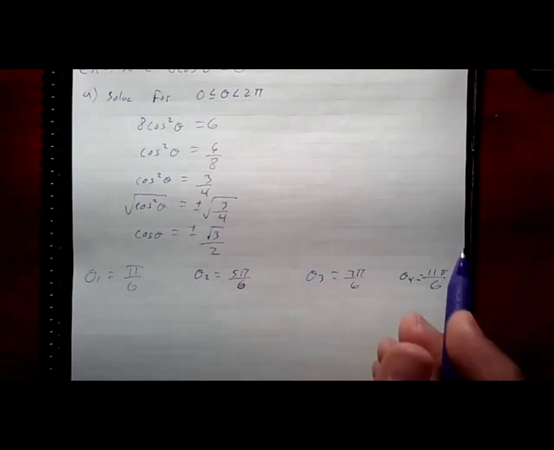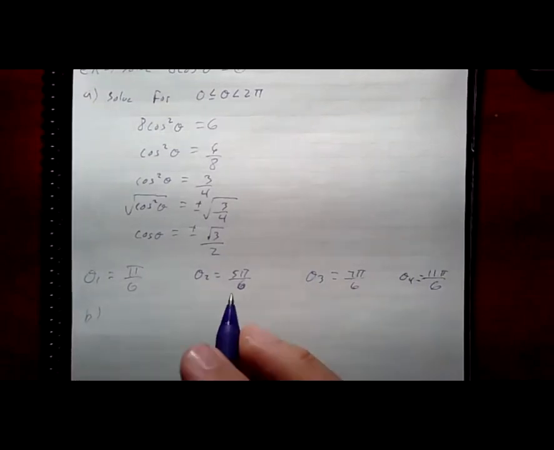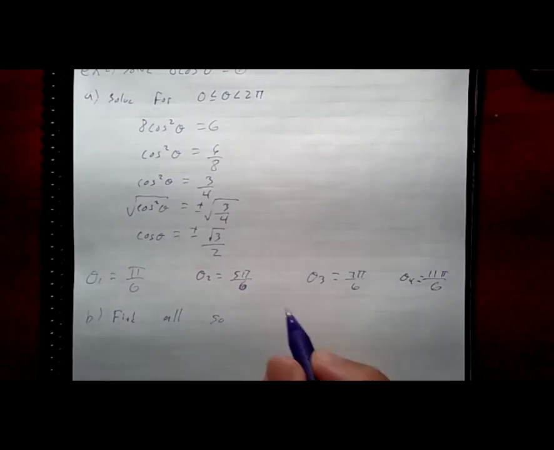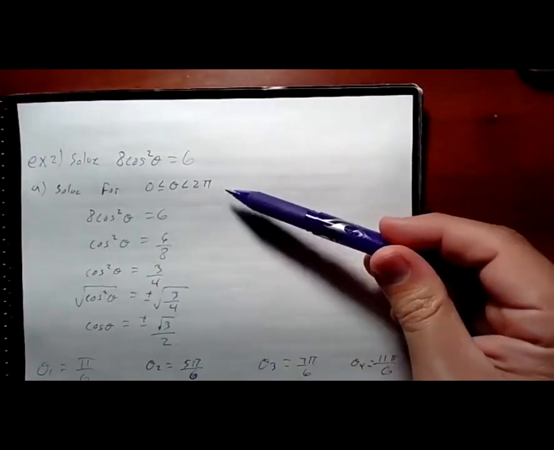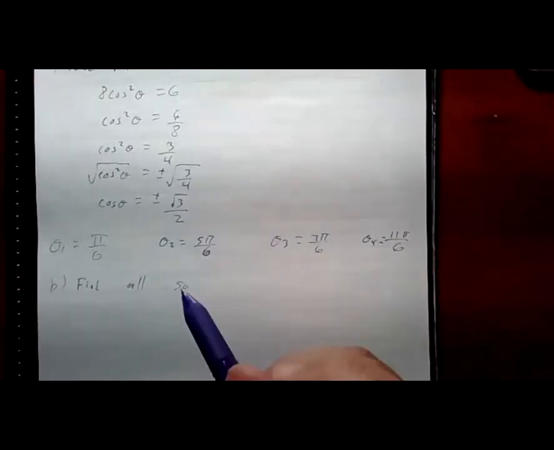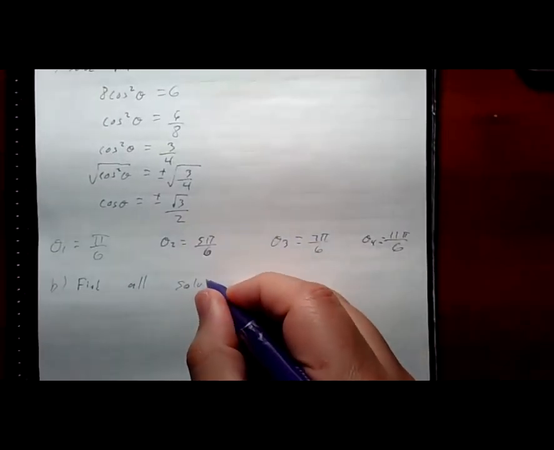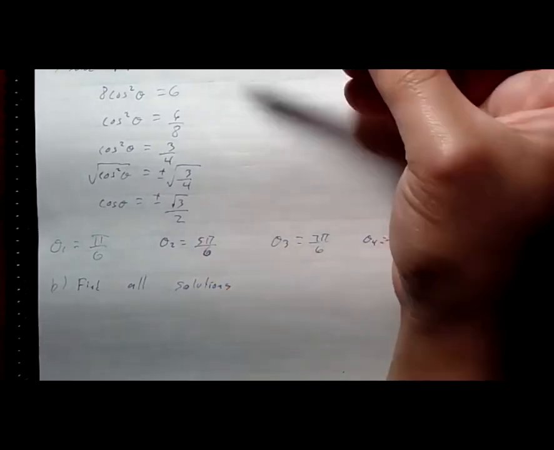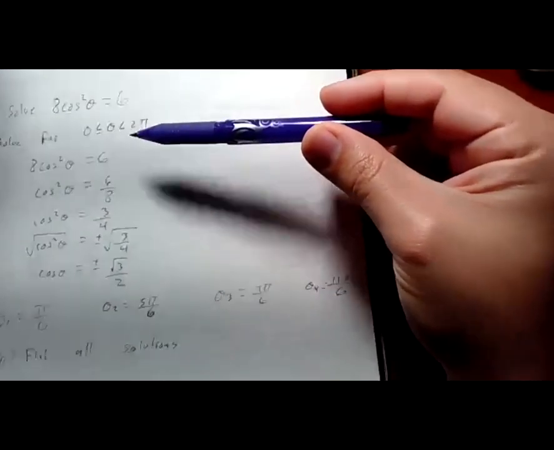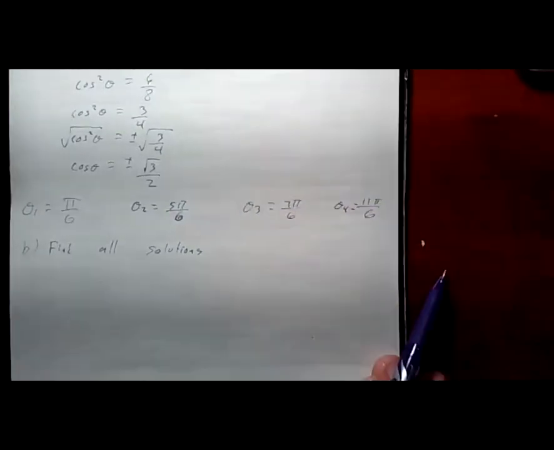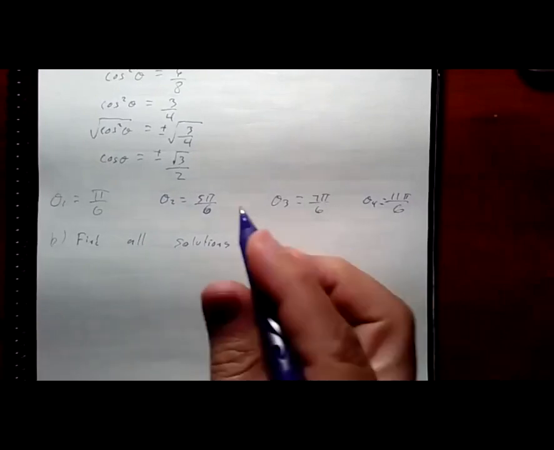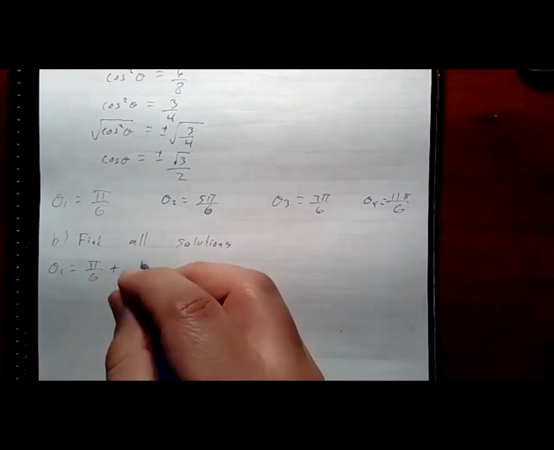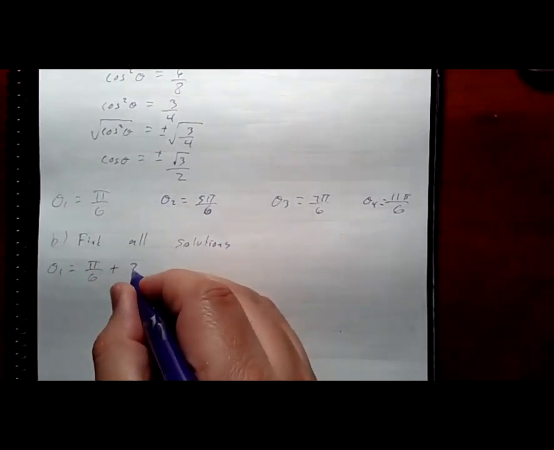All right. So now for all solutions, right? If they don't tell you one period, then you're going to assume they want all of them. Okay. If all they give you is this, solve this guy, they're expecting this, part B. So theta 1 will be pi over 6 plus 2 pi n.